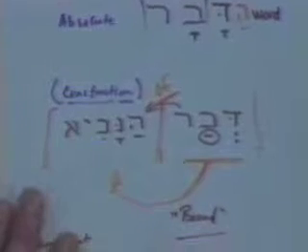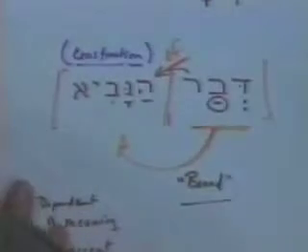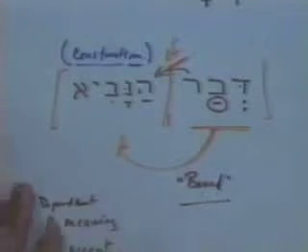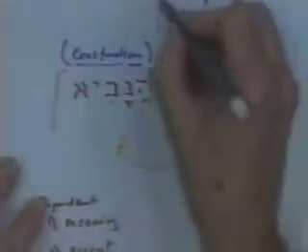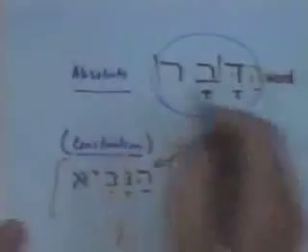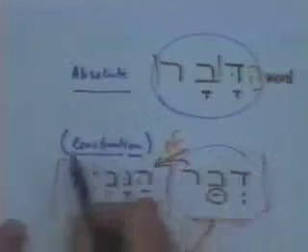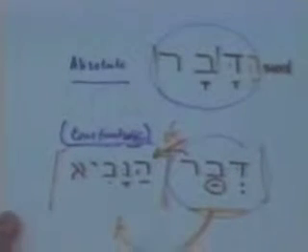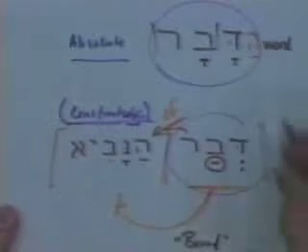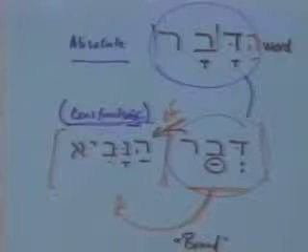But the point I'm making is that there's a difference just in simple appearance. Do you understand that? In simple appearance between Devar, which is a noun in the absolute state, and Devar, which is a noun in the construct state. Not a big difference, but you can actually see the difference here.